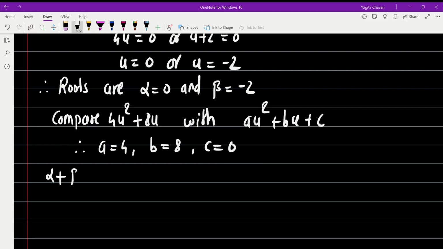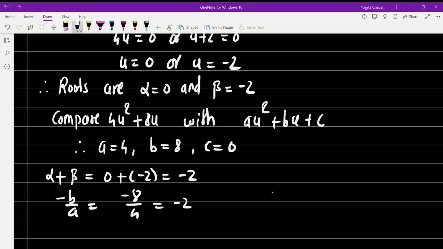Alpha plus beta, sum of the roots is equal to 0 plus minus 2, is equal to minus 2. And now minus b divided by a is equal to minus 8 divided by 4, which is also minus 2. So alpha plus beta is equal to minus 2 and is equal to minus b divided by a.